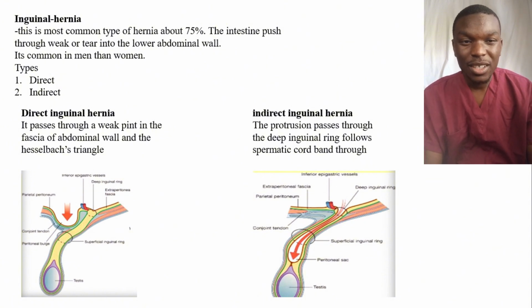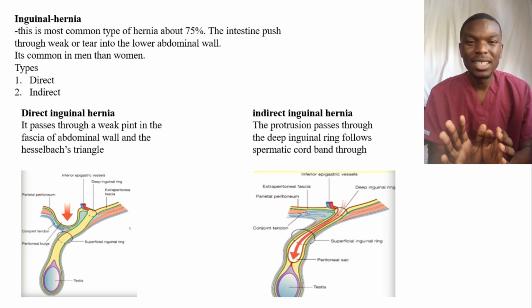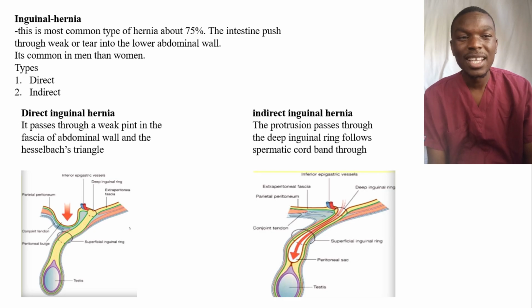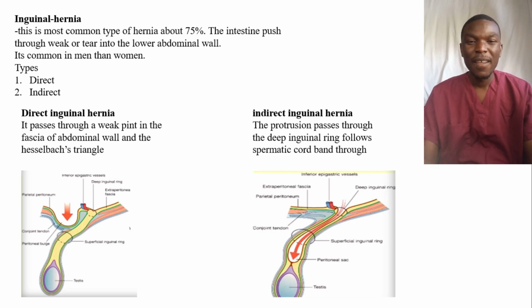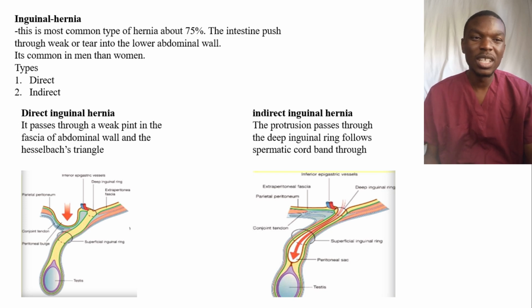The direct inguinal hernia passes through a weak point in the fascia of the abdominal wall, in Hesselbach's triangle. Then in the indirect inguinal hernia, the protrusion passes through the deep inguinal ring, follows the spermatic cord through the superficial inguinal ring. So this is the difference between the direct and the indirect inguinal hernia.